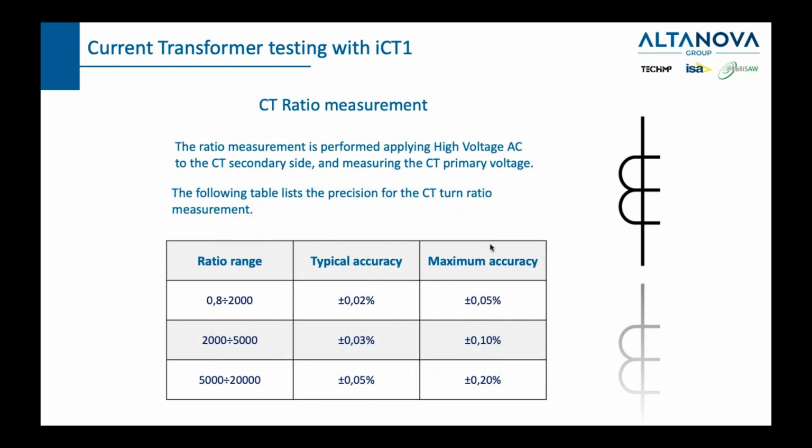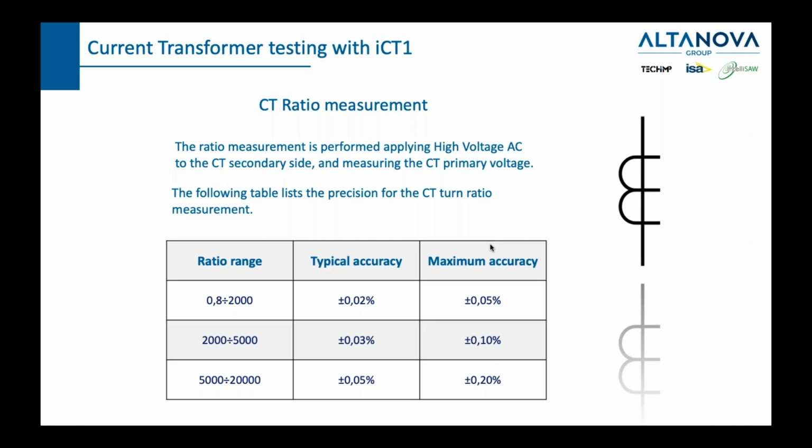Now, if we talk about combined measurement, for example, CT ratio measurement, the CT ratio measurement is performed applying the high voltage on the secondary side and then measuring the CT's primary side to calculate the error.